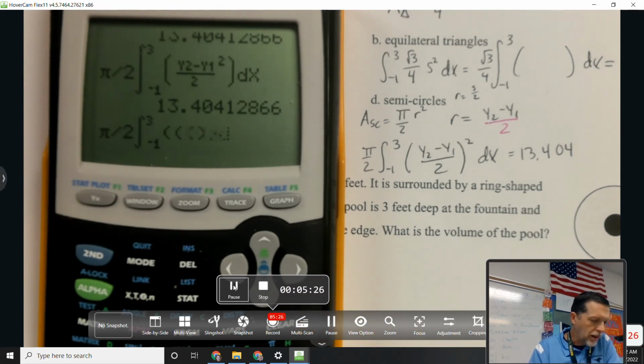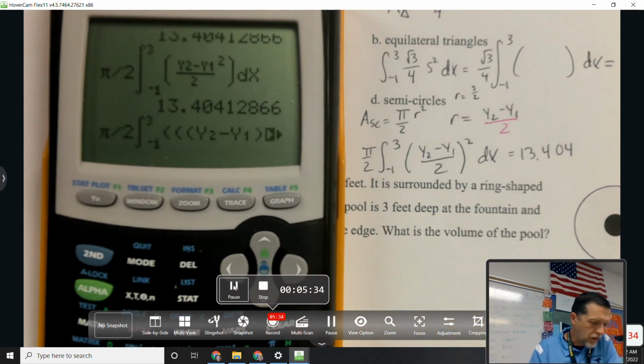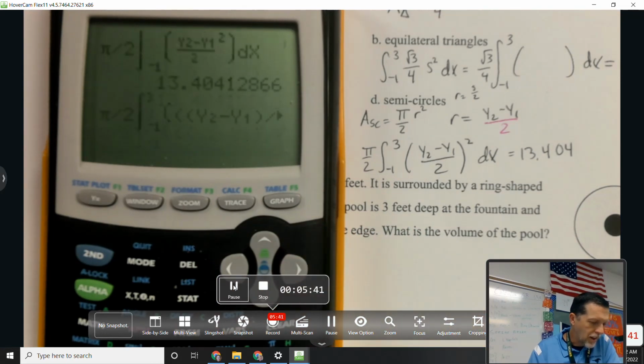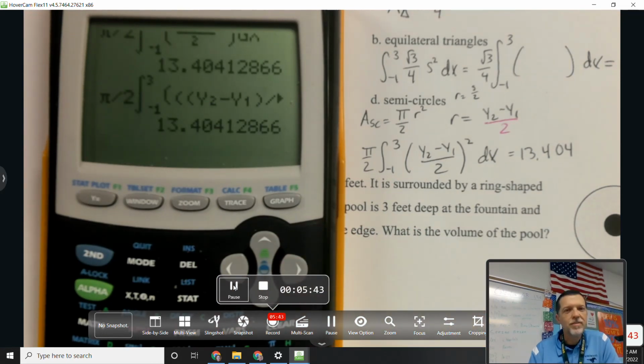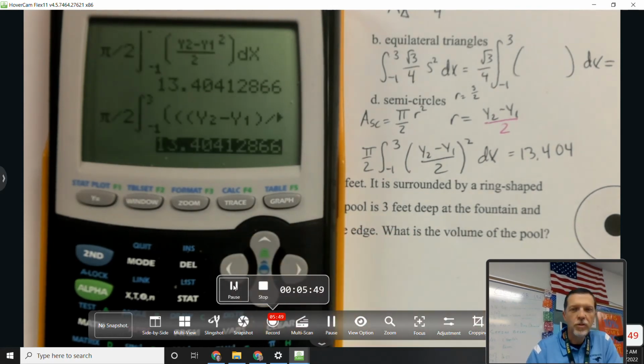But I think I need an extra one to do y2 minus y1, close that, divided by 2, close that, square it, then close the final one. So, yeah. Now, which one looks better? I don't know. It's kind of up to you. Which one of those is better or worse?